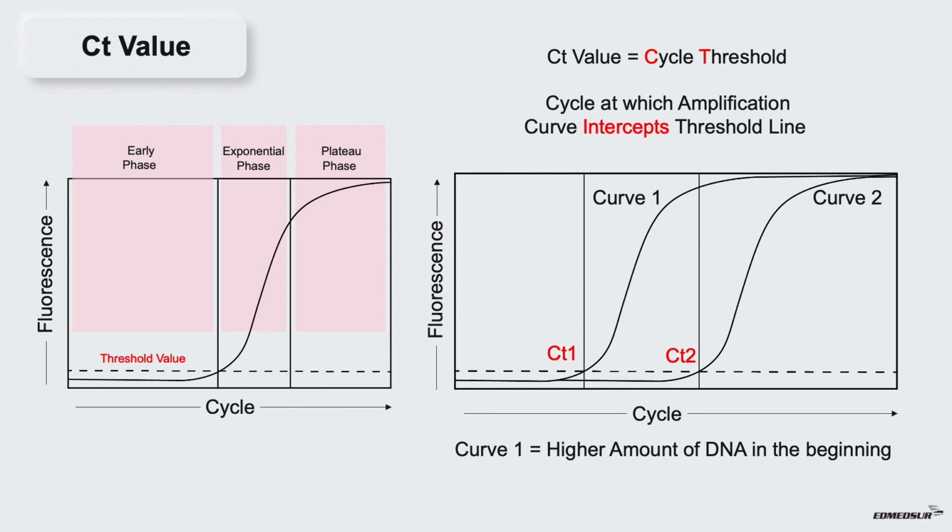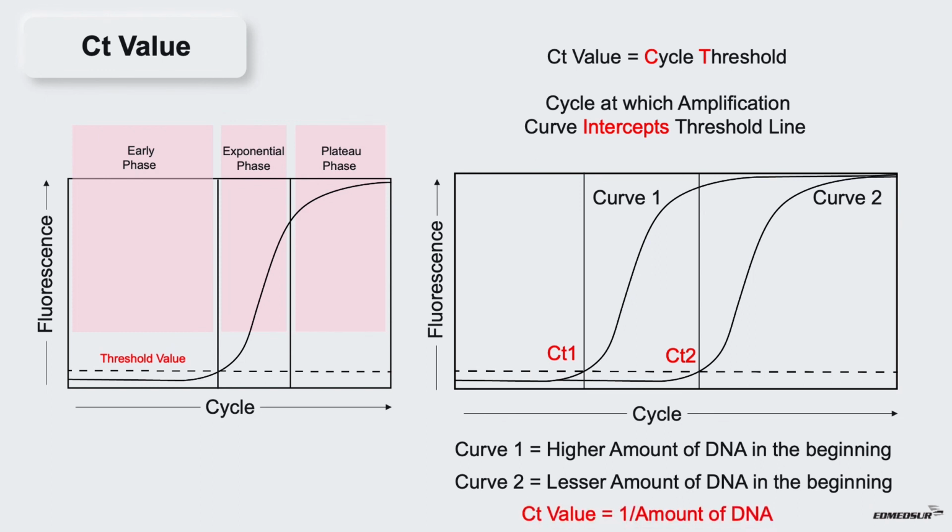Curve 2 suggests that at the beginning of PCR there was a lesser amount of DNA present, so it took several cycles of PCR before the fluorescence started increasing exponentially. Therefore, the sample represented by curve 1 has a lower CT value than the sample represented by curve 2. In other words, the CT values are inversely proportional to the amount of DNA in the sample. That is, the lower the CT value, the greater the amount of DNA in the sample.